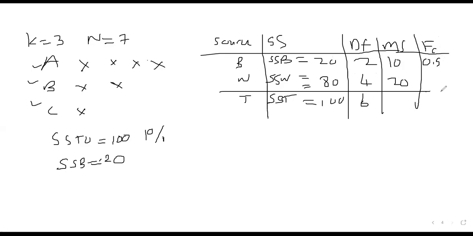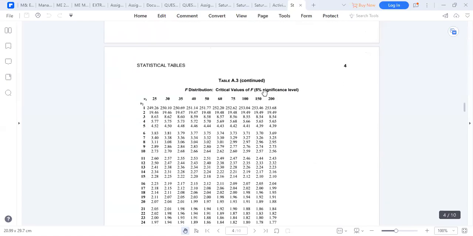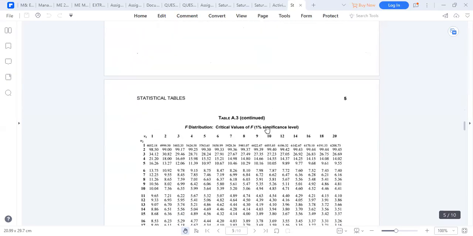The next one is we read from the table. What coordinates are we using? 2, 4. But what percentage have we been given? 1%. So the percentage is the title of the table. So you go and check. This is 5%, so no. This continued 5%, no. 1%, yes.